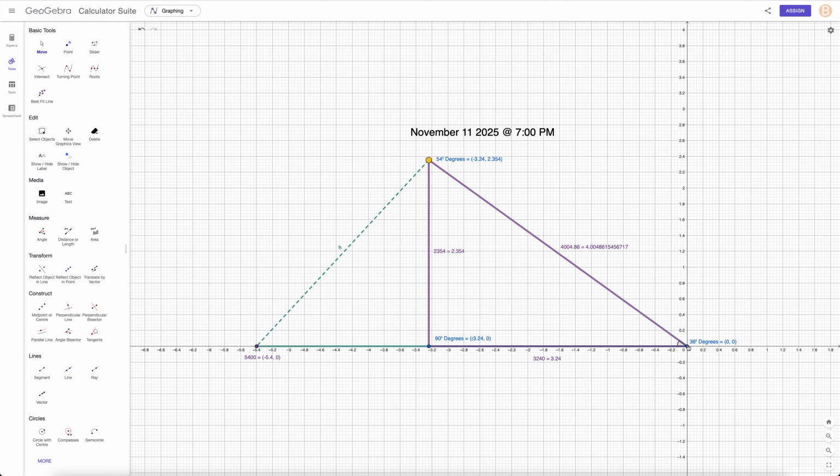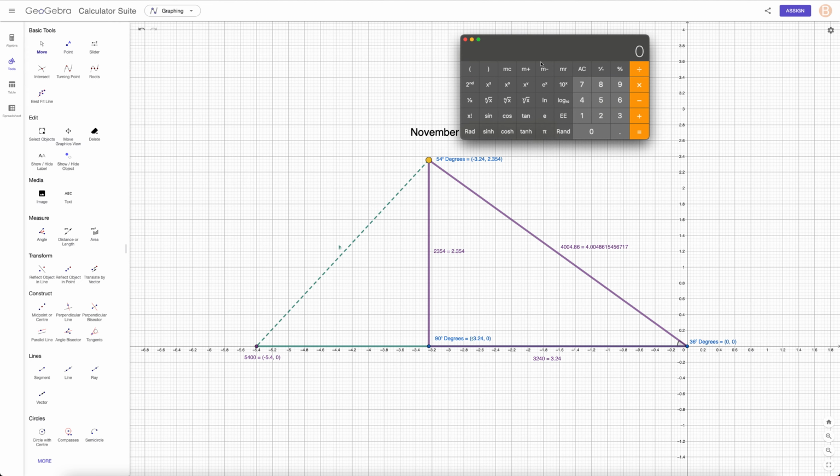I have here from this point, which is 0, to this point, which is 5,400. So imagine that to be 5,400 nautical miles, from this point here to this point here. Now, I have a 36-degree angle here, so how do I determine the length of my adjacent without the zenith angle?